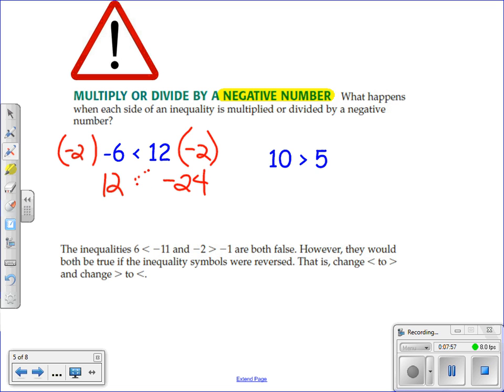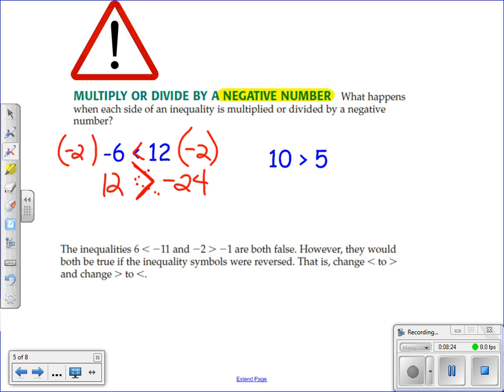Is 12 less than negative 24? No, it is not. So what you have to do is when you multiply or divide by a negative number, you flip the sign. The sign was this way, we change it to this way. And that will make the statement true, always.